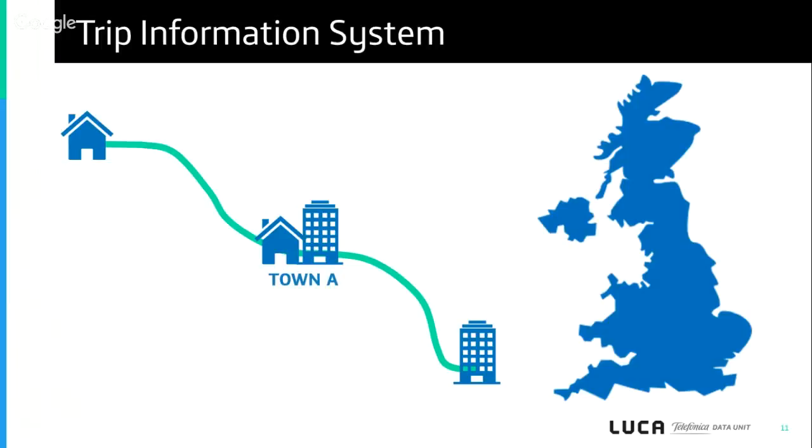If you look at the top left, there's a little house there, and there's a little work there. Are we worried about the people that are moving just within Town A? Or are we worried about the people that are actually just using Town A as a means of getting from one place to another?